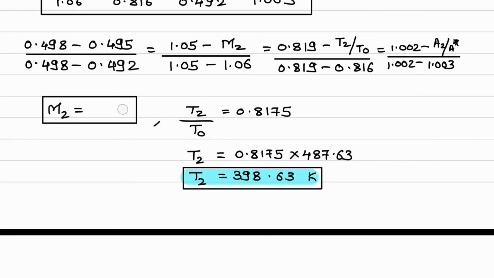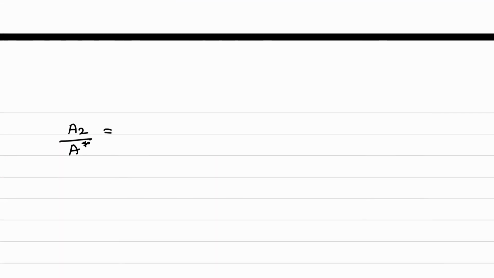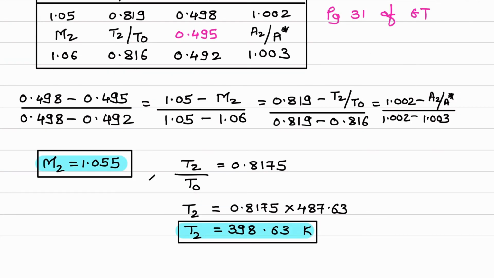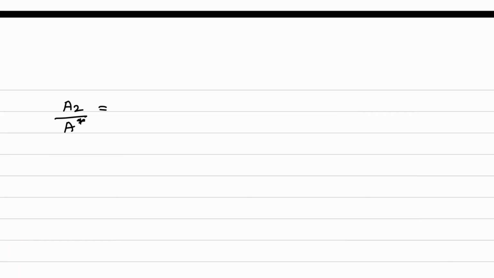This value, M2 value comes out to be 1.055. Okay, so M2 value is 1.055. Now A2 by A star. If I equate this part with this part, I get A2 by A star value. A2 by A star value comes out to be 1.0025.